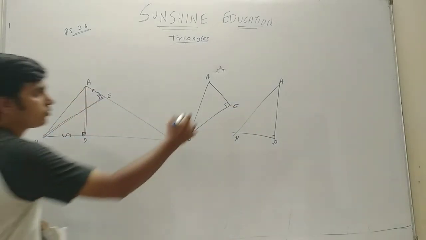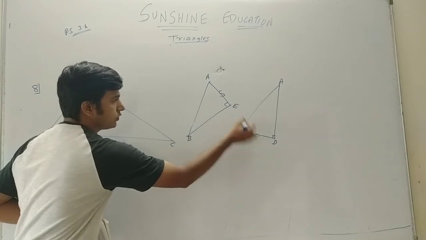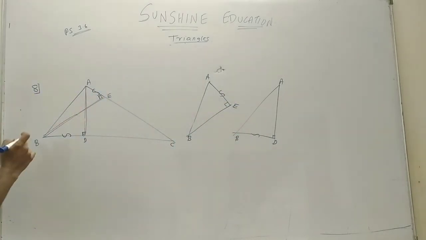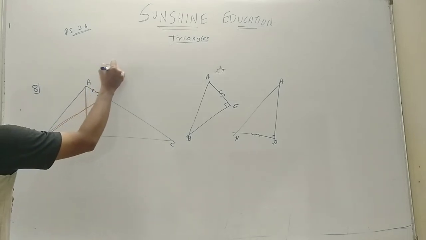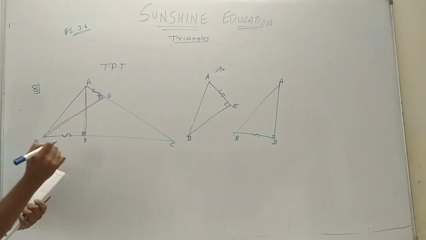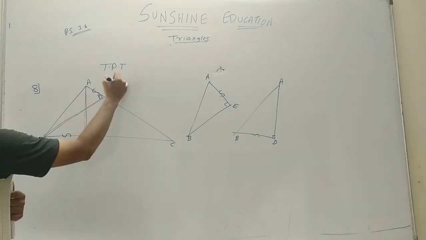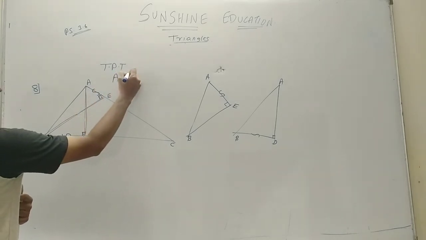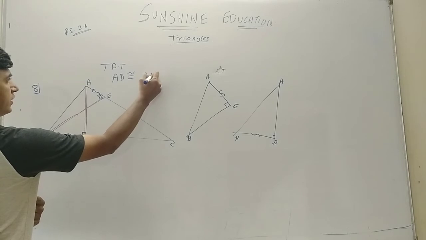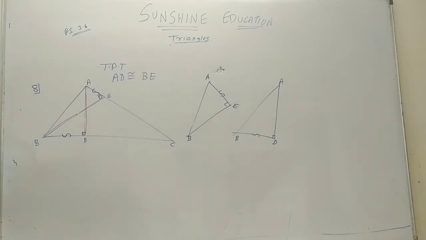What was equal? This was equal to this. So we need to prove that AD is congruent to BE. AD, that is the altitude, this part.